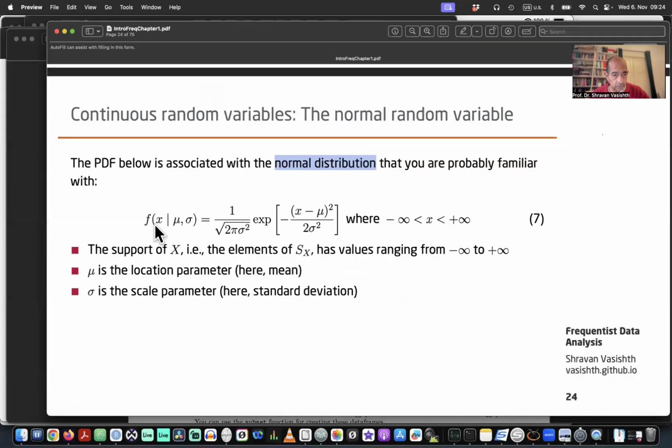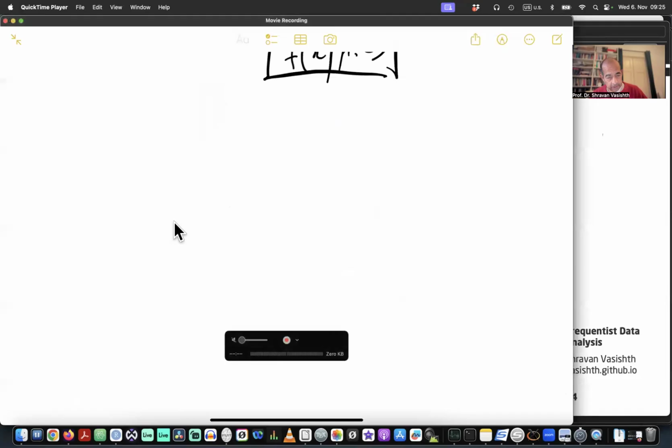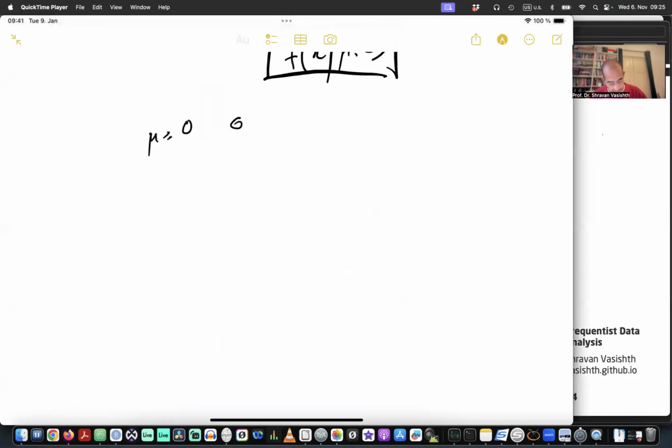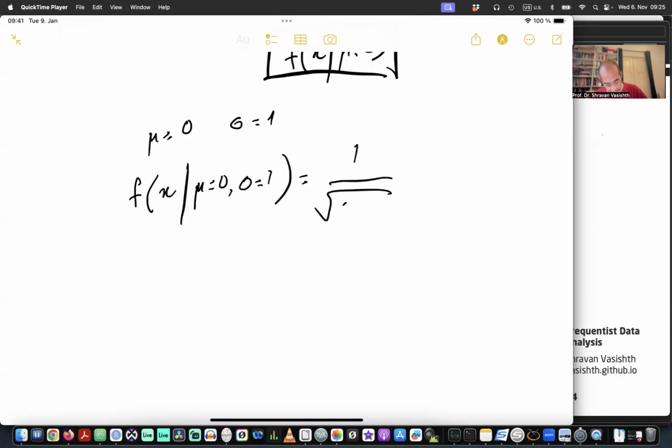So if I were to put in mu equal to, I'm going to do this, okay? So let's say mu is equal to 0 and sigma is equal to 1, okay? So I'm going to write this function out now. For x given mu equal to 0, sigma equal to 1, I'm going to write 1 over square root of 2 pi sigma squared was the equation, exponential, and I introduced the exponential in the last class, right?